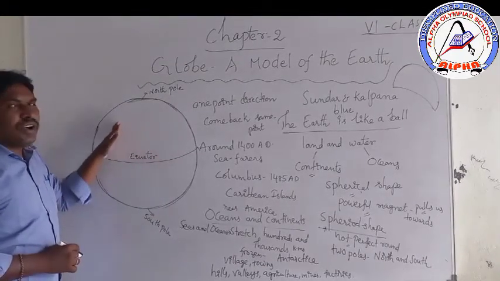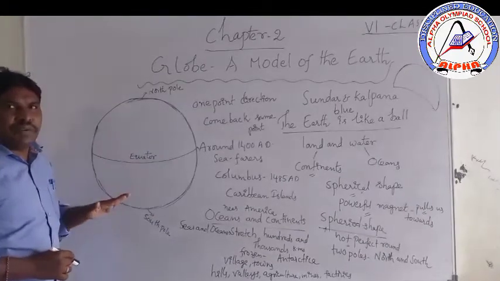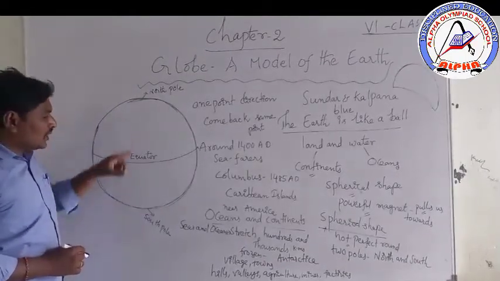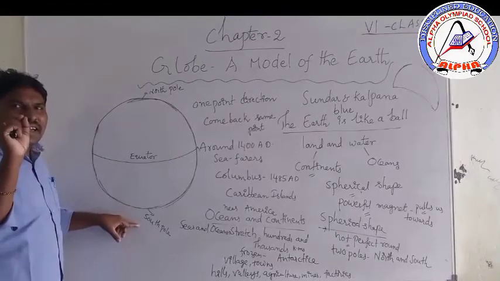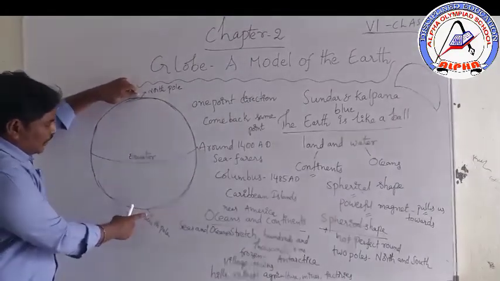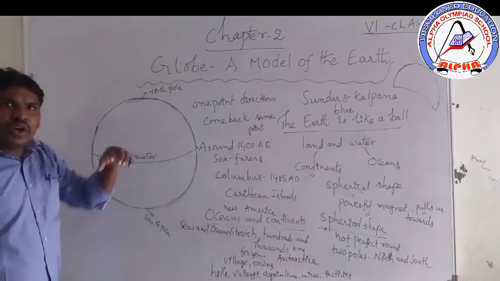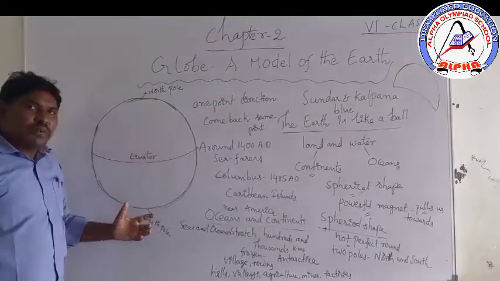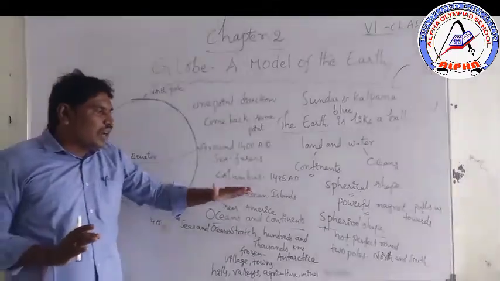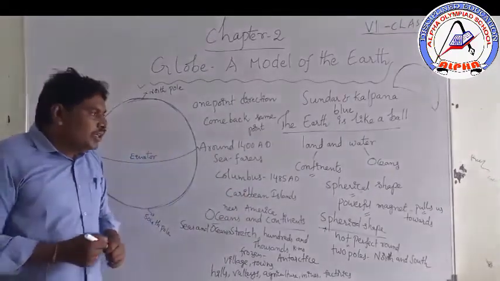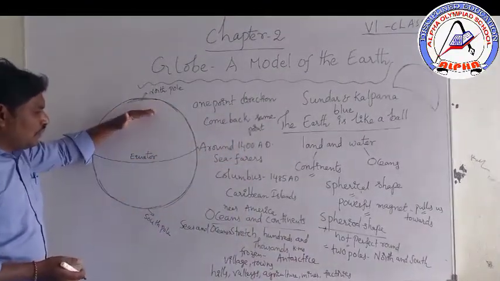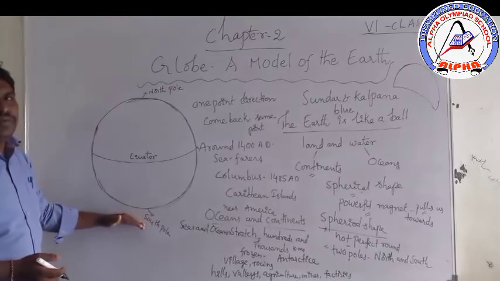Actually, the earth is not a perfect sphere because it bulges slightly, a little, and is slightly pressed at the north pole and south pole. So it is not a perfect round shape.